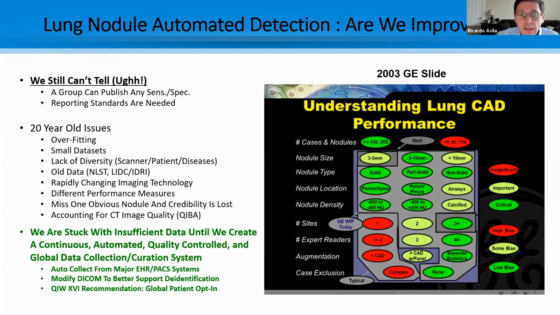These data sets were created more than 5 years ago, many of them more than 10 years ago. And we're talking about major changes in CT scanners and CT reconstruction and CT detectors and other things.